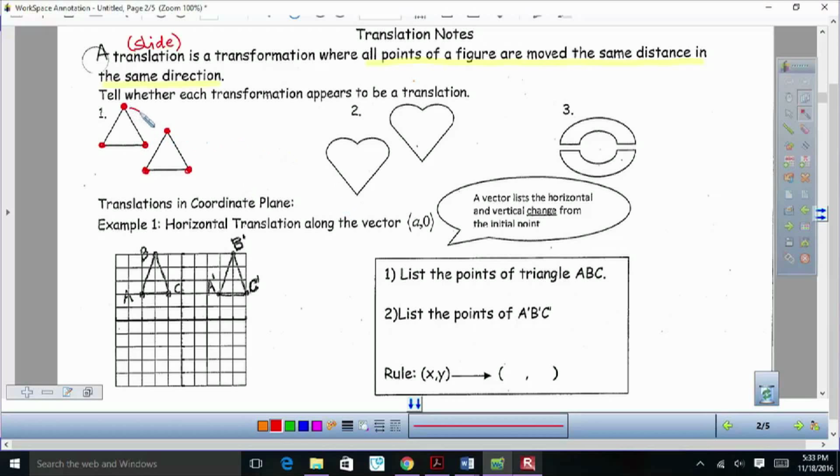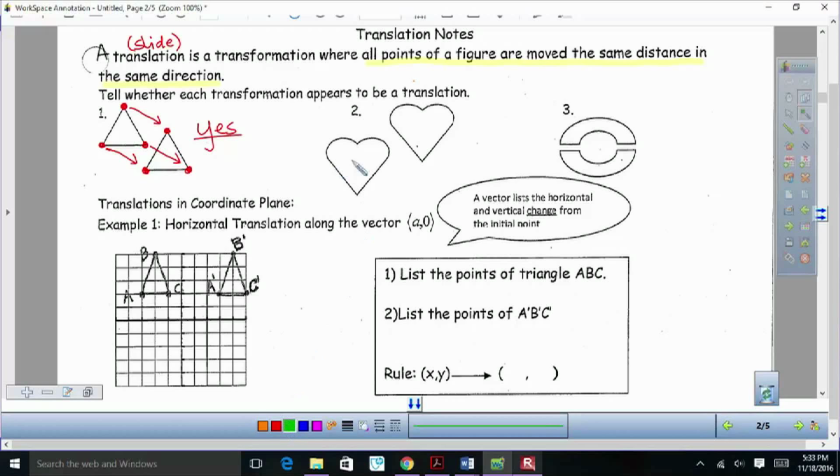So this top one was moved down and to the side. This bottom one was also moved down and to the side. And this other bottom one was moved down and to the side. So it looks like this triangle shifted from up top, or slid down and to the right. So we would consider this a translation. So we'd put yes.